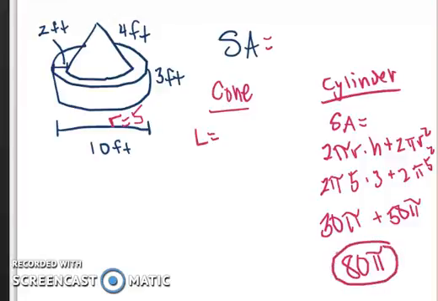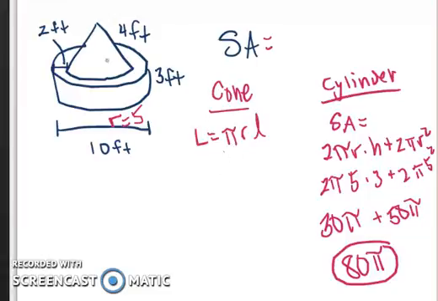I'm going to circle that so I don't forget it. Now my cone. My cone is going to be 1/2. I'm sorry, we don't have to do the 1/2 because the 2 was there before. Sorry about that. We just do pi r l. Let's go ahead and find that.